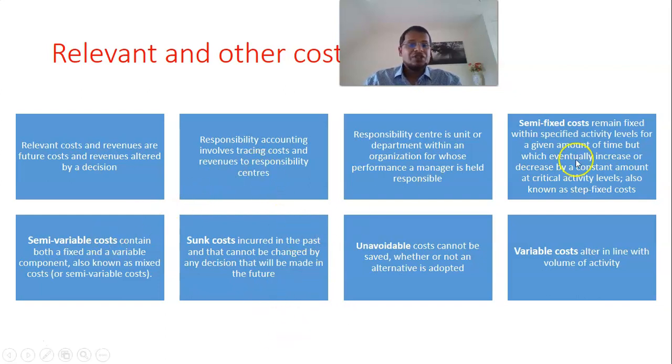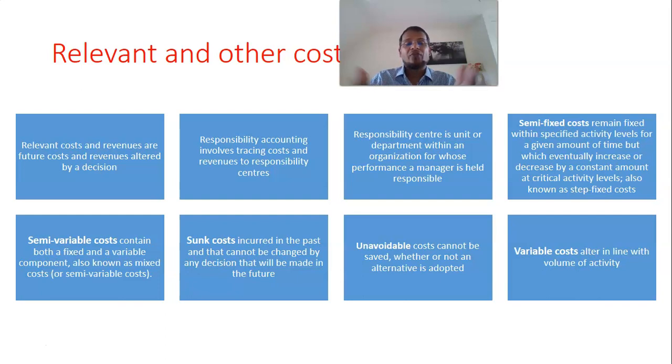You can see some other concepts like semi-variable cost, which is like the mixed cost. Semi-fixed cost is also, we can say, another name of mixed cost. So semi-fixed means a part is fixed and the other part is variable. Semi-variable means a part is variable, the other part is fixed. That means it is mixed cost.